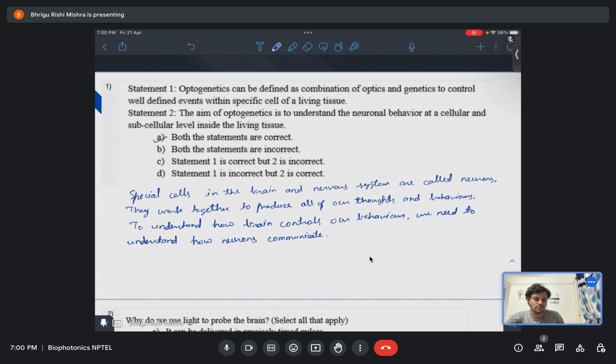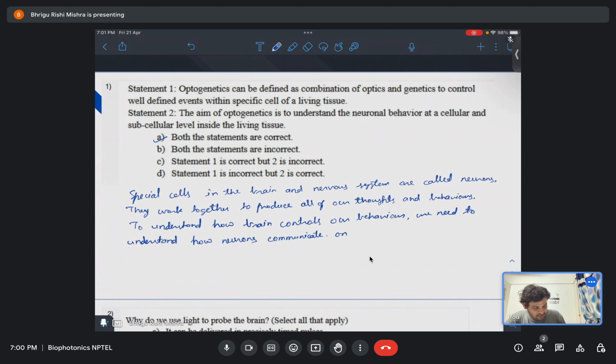That is the important thing. We need to understand how neurons communicate, then only we can get to know how the brain controls our behavior, because ultimately it is the neurons who control our behavior and thoughts.